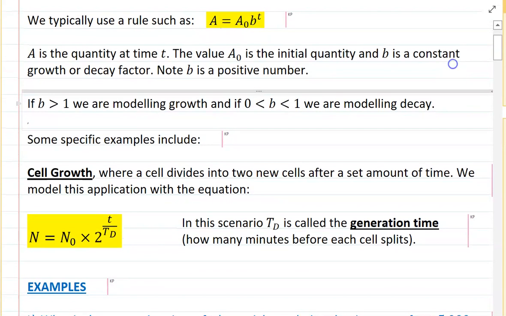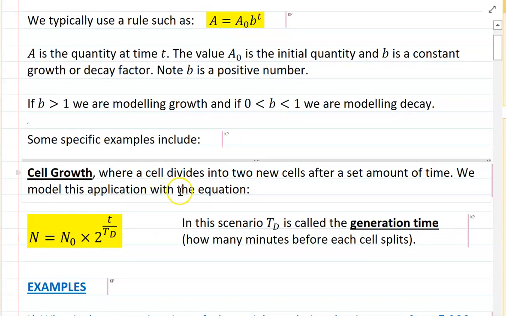So the first one is cell growth. Cell growth is where a cell divides into 2 new cells after a set amount of time. And we can model this using this equation here. So if we look at this, we can see that N0 is our initial value. So you might say at the beginning of the bacterial population, there were 5,000 cells.